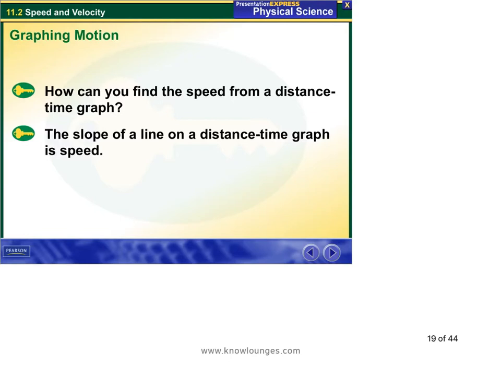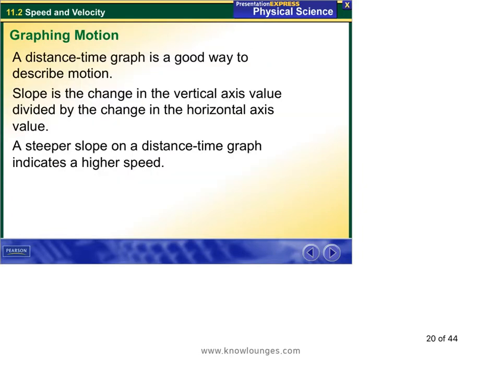Then we work a little bit with graphing and use what we call a distance time graph. The slope of a line on a distance time graph is the speed. We use a lot of graphing as we're describing motion. The distance time graph is one of the types of graphs we'll use. Slope is defined to be the change in the vertical axis value divided by the change in the horizontal axis value.